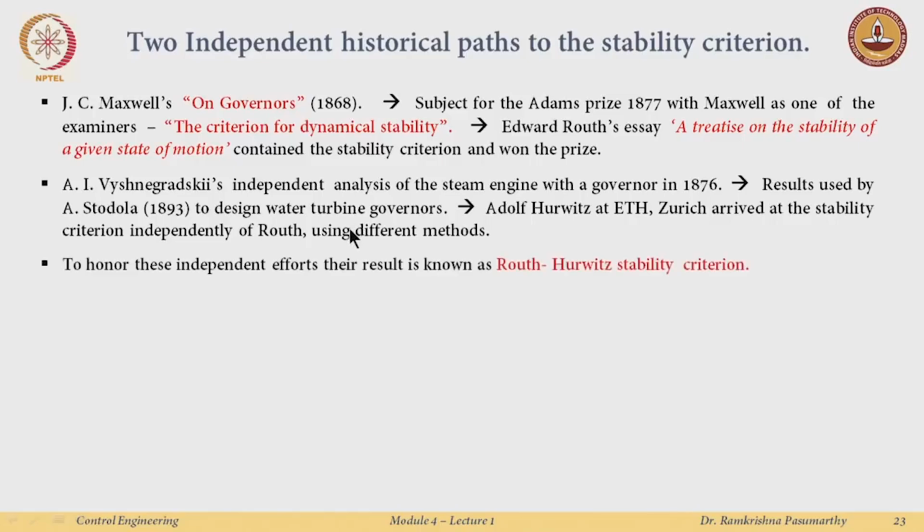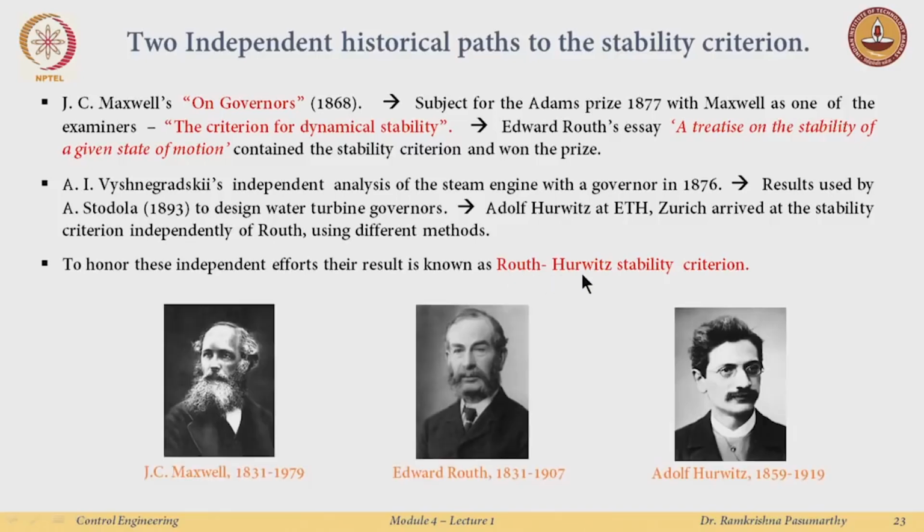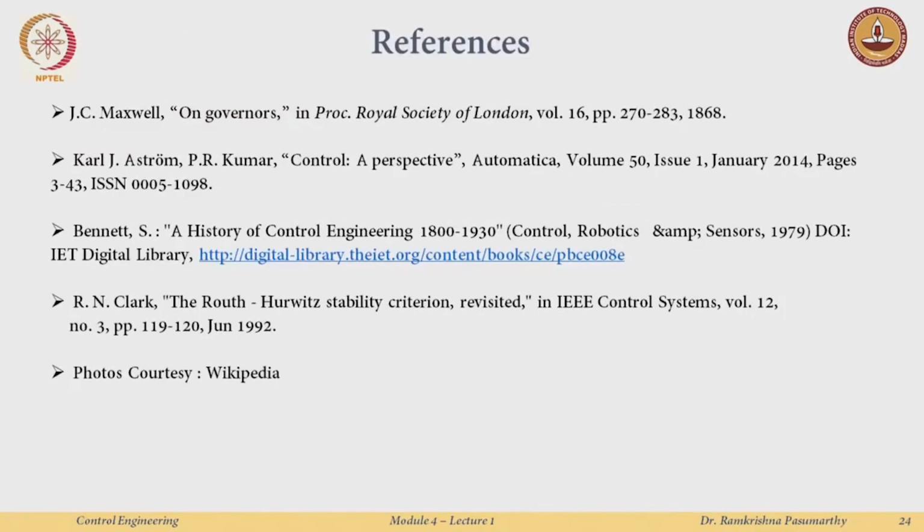And to honor this parallelly evolved result, the stability criterion is now what we know as the Routh-Hurwitz stability criterion. This is a little interesting story of how this stability criterion evolved. Okay. And these are the papers which you could refer to, to see the history of all this analysis of stability of differential equations.